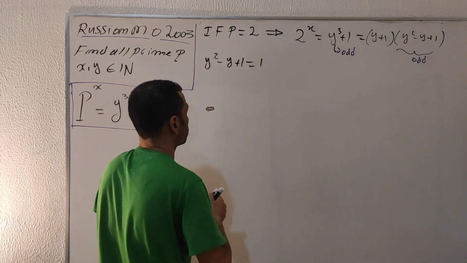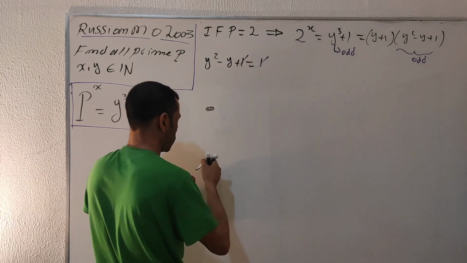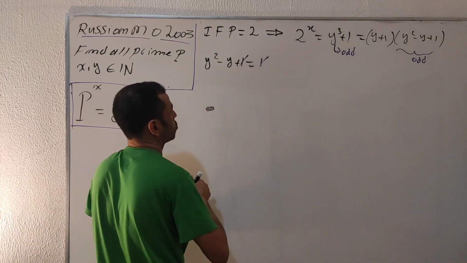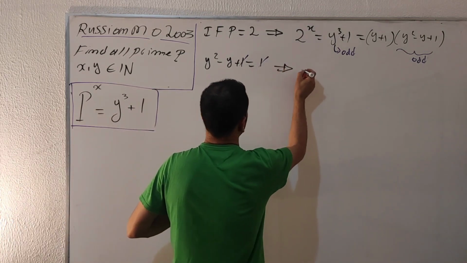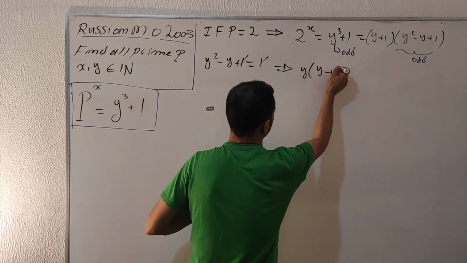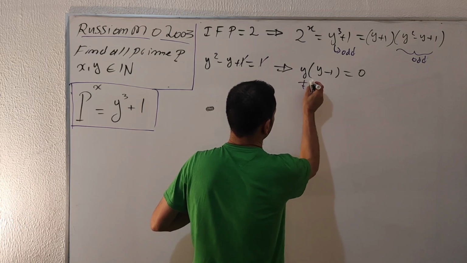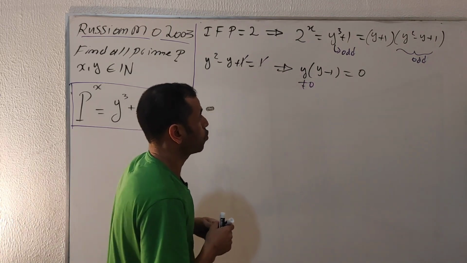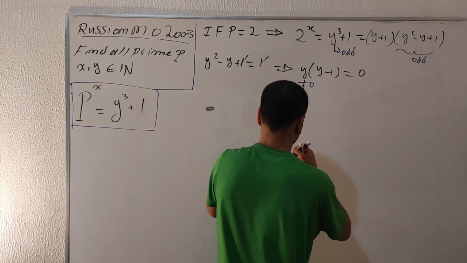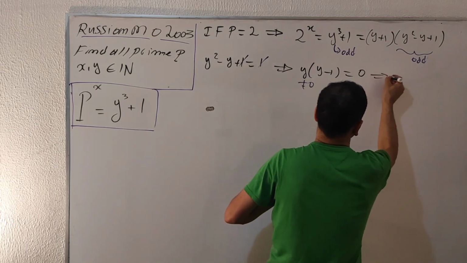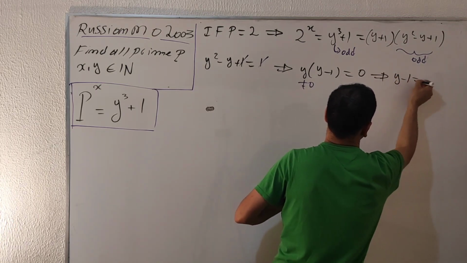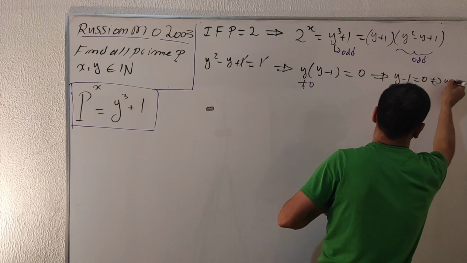I'm going to cancel out number 1 from the left and the right and factor out these two terms. I will have y times y minus 1 equals 0. We know y is different from 0 because it's a natural number, which means y minus 1 equals 0. In other words, y equals 1.